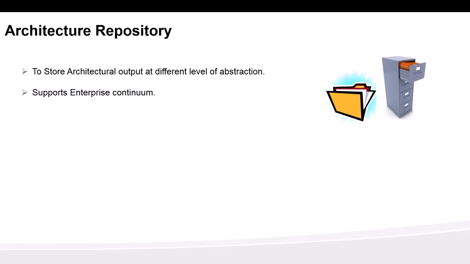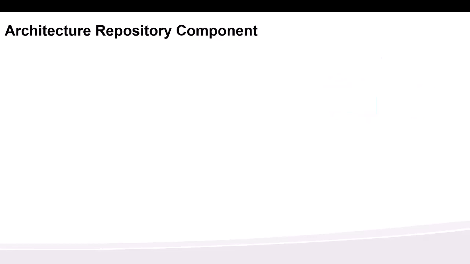These get stored in the architecture repository. You can think of the architecture repository as a big cabinet or a file with different partitions, and the architectural outputs are stored in it as and when you go through an ADM process. Let's see some of the components of the architecture repository.